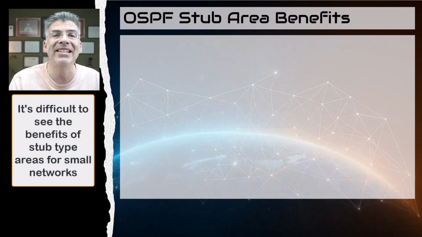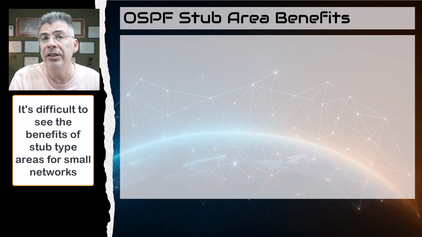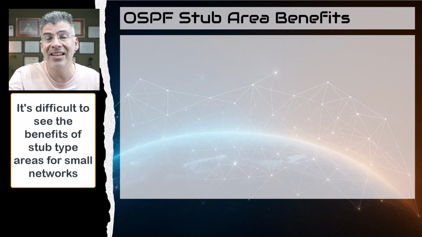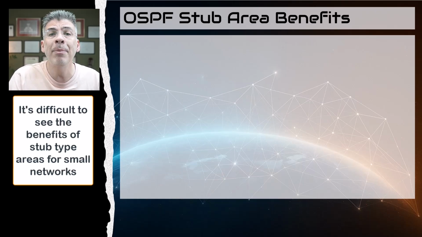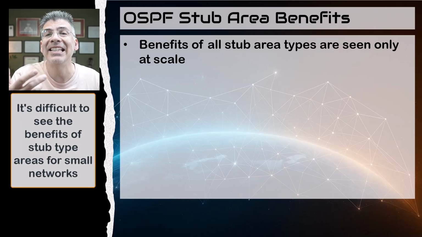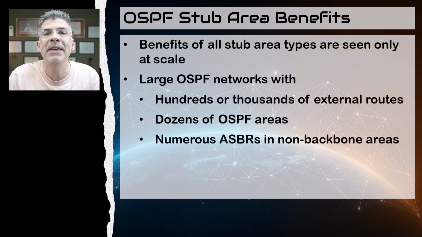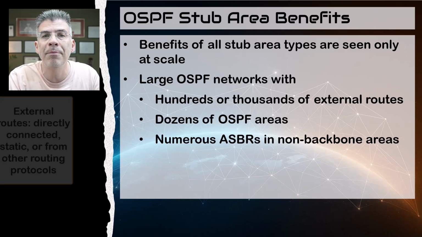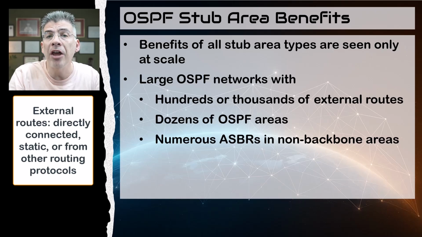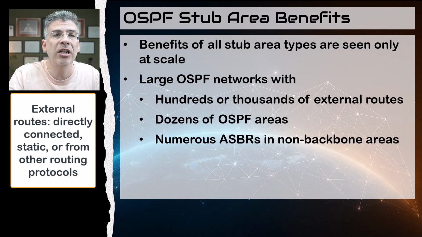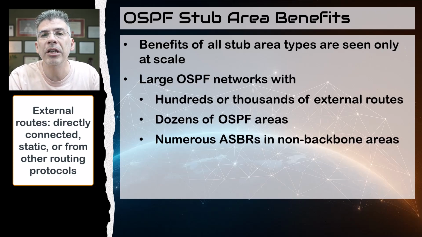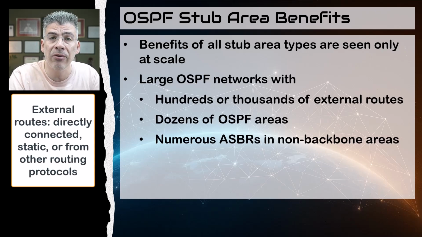Now the question remains, why are these OSPF stub type areas useful? Well, the truth is that it's difficult to see their usefulness in topologies such as the ones we've examined. Their benefits are only seen at scale. This means that you will begin to see the benefits of stub type areas when you're dealing with large OSPF networks, where hundreds or even thousands of external routes are being injected, either from other routing protocols, redistributed static routes, or redistributed connected routes, as in our examples.